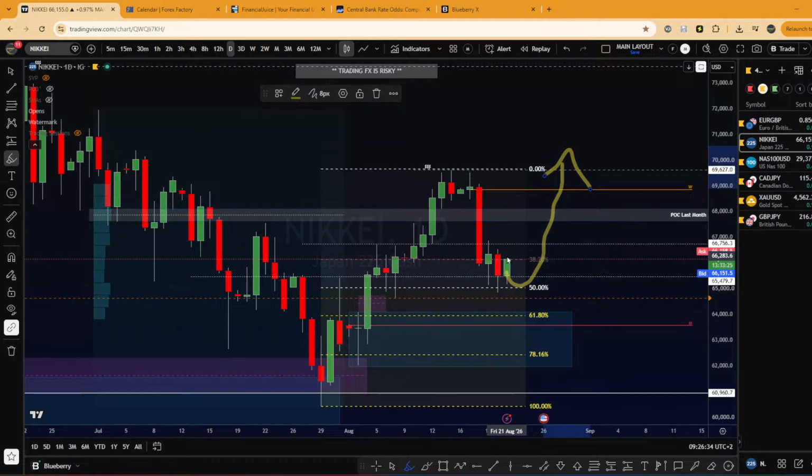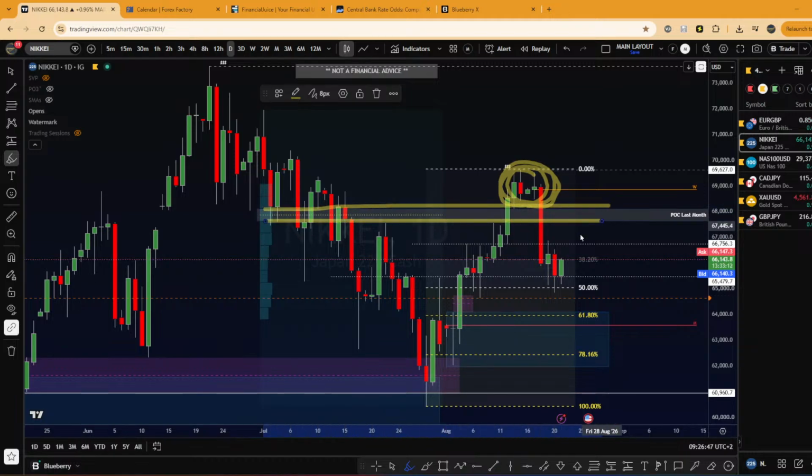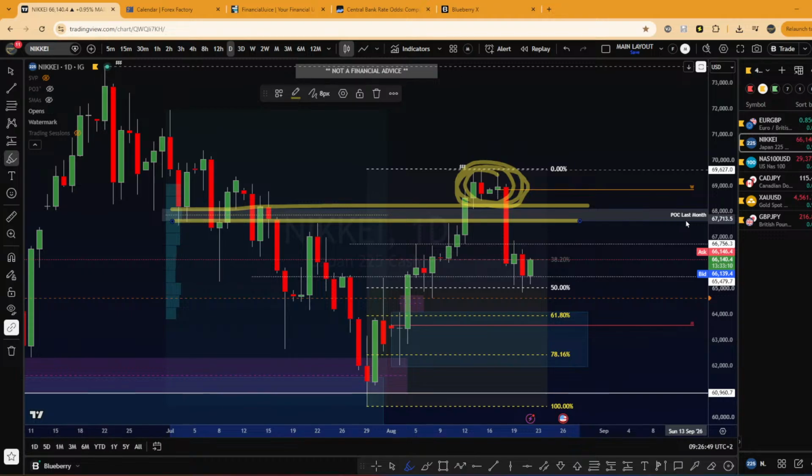So last week or in my last live stream, I talked about how I don't want to buy around here after breaking above this gray zone, which represents the point of control from the last month. What I wanted to see is a hold above this level and then a continuation.